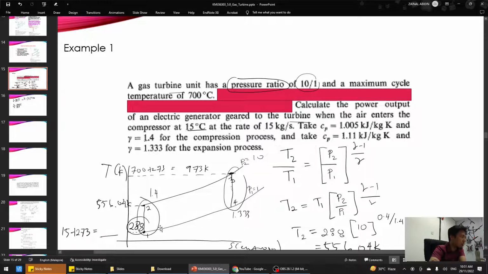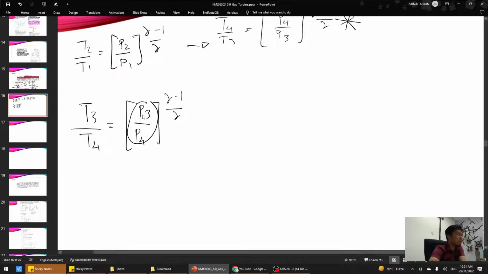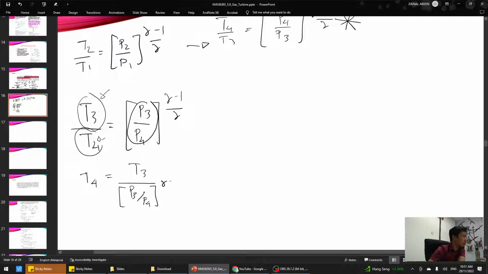So P2 over P1 and P3 over P4 are the same pressure ratio. You need T4, right? T3 is given, T4 we want to find. So T4 over T3 equals P4 over P3 to the power of lambda minus 1 over lambda.